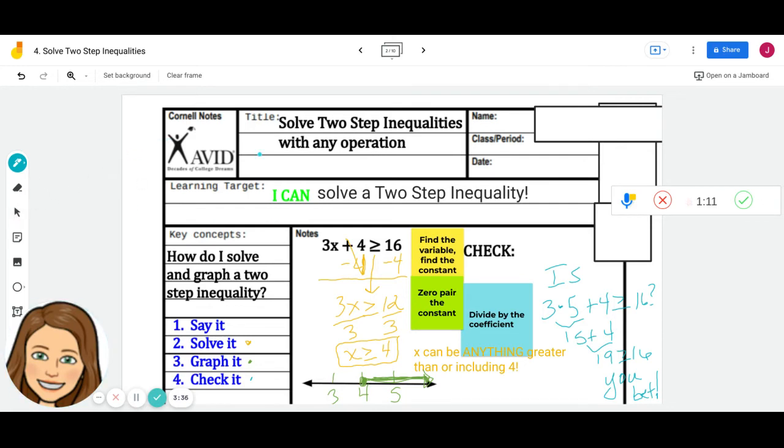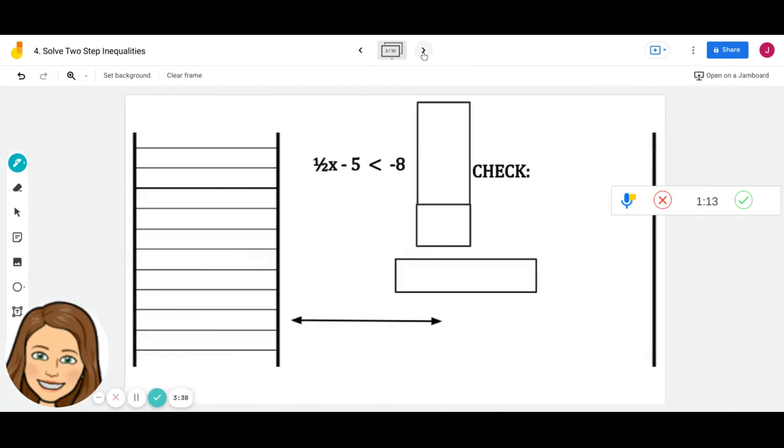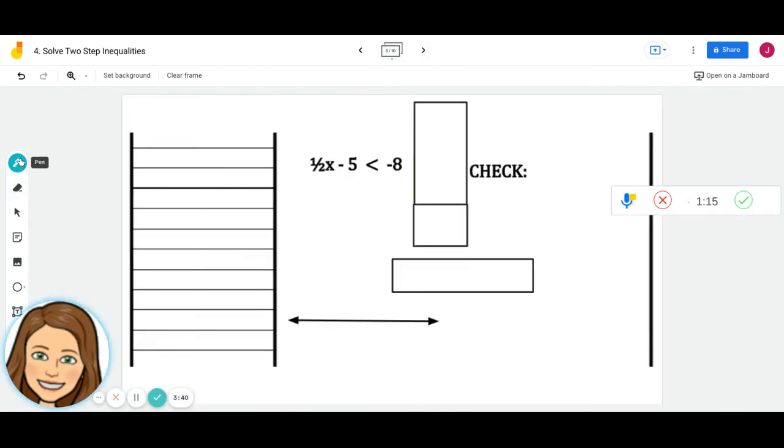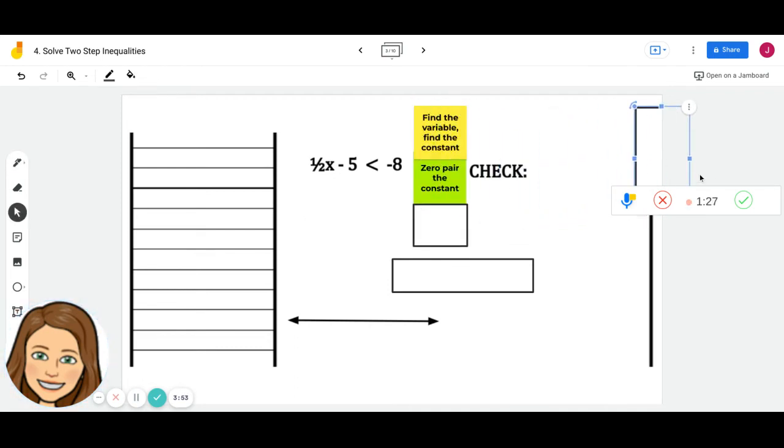Next example. Pause if you need to. Same steps. Say it, solve it, graph it, check it. 1/2 times x minus 5 is less than negative 8. Find the variable, find the constant. Zero pair the constant.